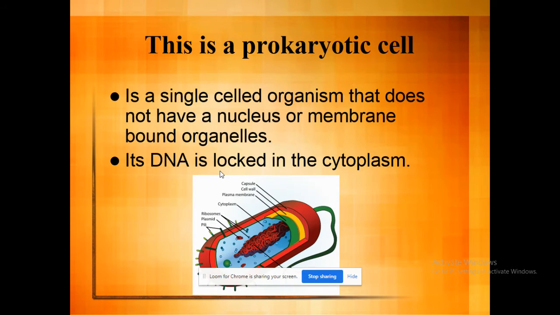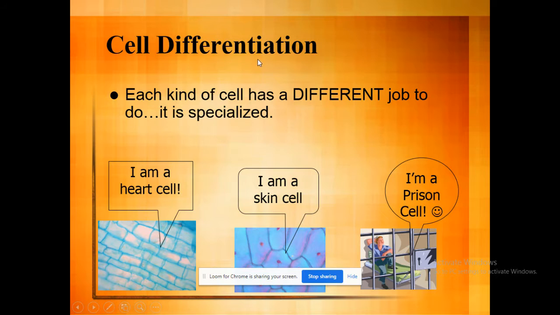Coming to cell differentiation, we know that every cell performs a specific function. Cells having the same structure, same function, and a common origin combine to form tissues, and that process is known as cell differentiation. For example, a heart cell performs a specific function, and a skin cell performs a specific function.